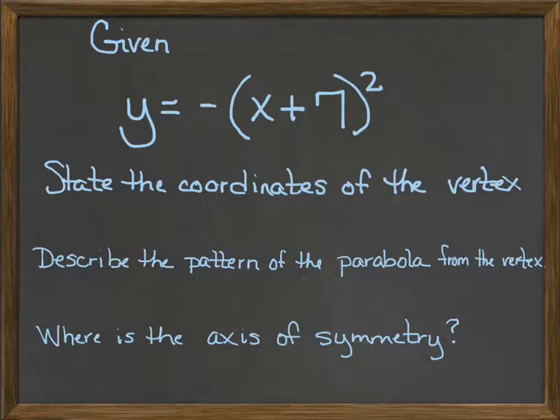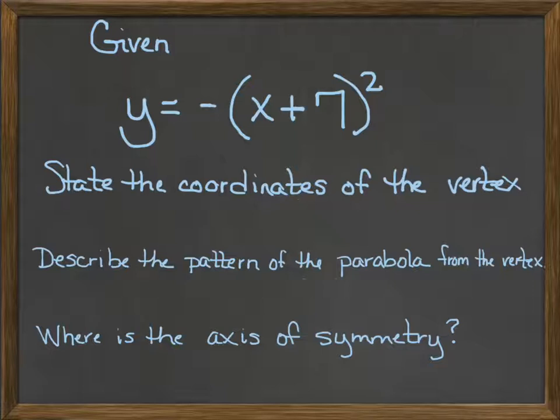State the coordinates of the vertex. Again, we have a missing piece. It's understood when it's not there to be 0. That's the k value. The negative on the outside of the parentheses, do not distribute it. You'd be violating order of operations.